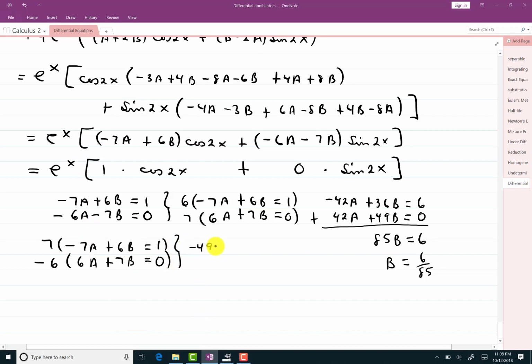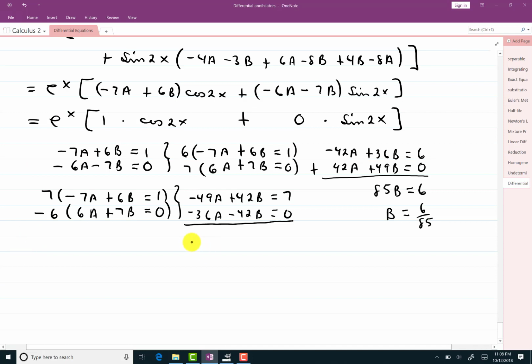Negative 49a plus 42b equals 7. On the next one I get negative 36a minus 42b equals 0, and I'll add them together. B's, of course, will cancel. I get negative 85a equals 7. So a will equal negative 7 over 85.